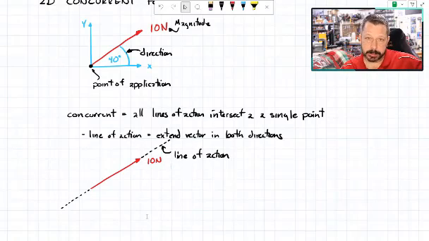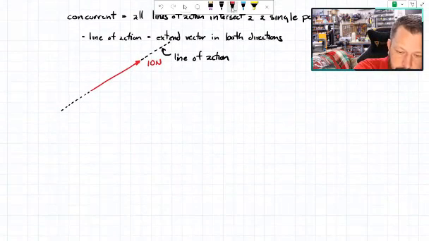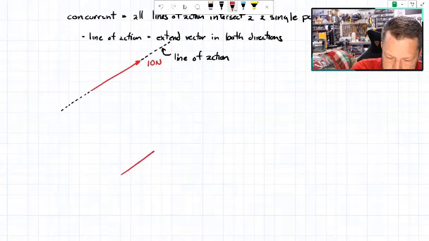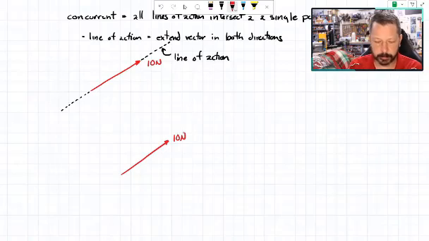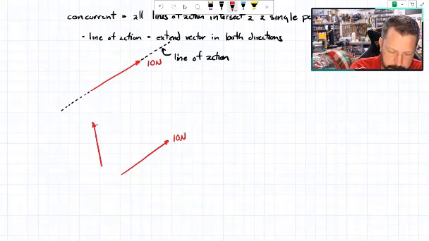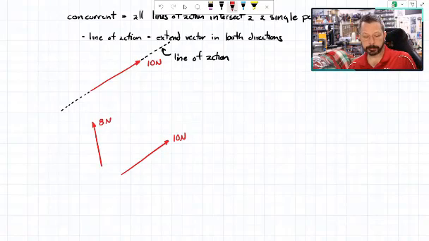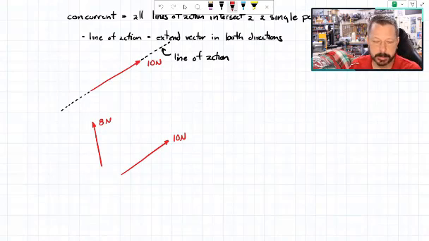So for a force system to be concurrent, every vector in the force system has to have its line of action cross at a single point. It would look something like this, using our 10 Newton guy again. There's our 10 Newton force, and then let's put an 8 Newton force over here. Ignore the 10 Newton we drew previously, just these two.